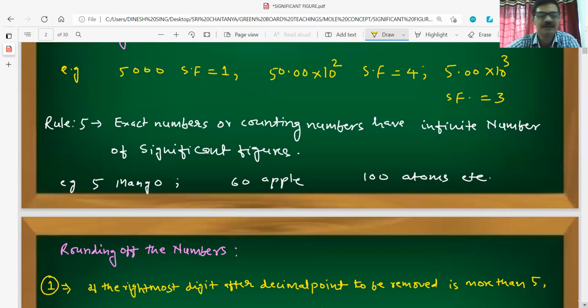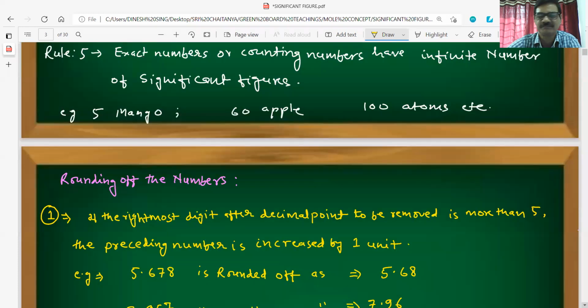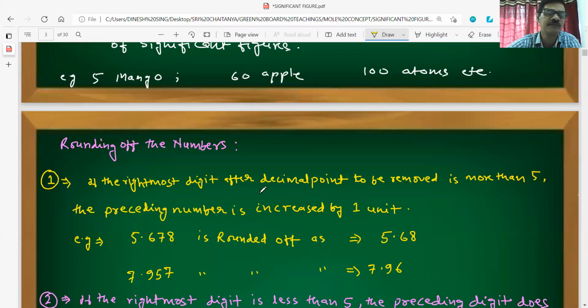After that, because for writing a number in scientific notation, after the point of decimal we have to round the number, there are some rules for rounding of numbers. Let us consider rule 1.